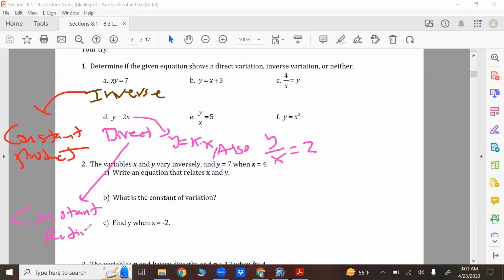Just like the tree and its shadow length, or your physical height and your shadow length, right? What's the ratio for y and x here? 2, right? So for example, if x were 4, what would y be? 8. If x were 10, what would y be? 20. 20 over 10, 8 over 4, both 2 to 1, right? So that means that E is also going to be direct.